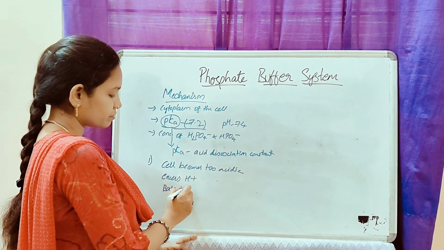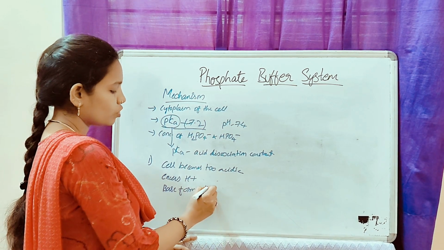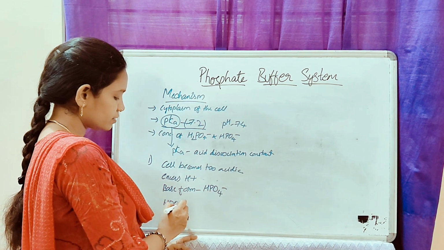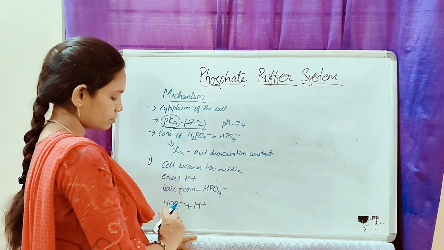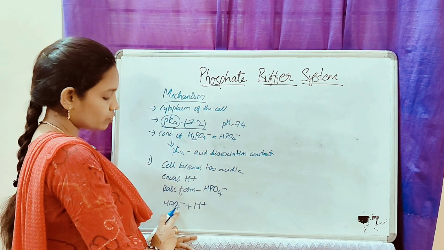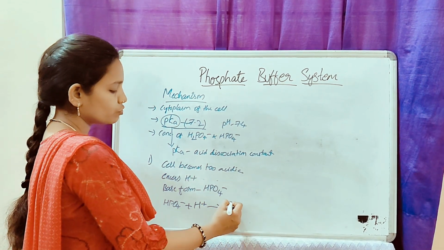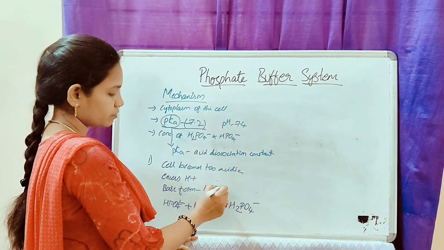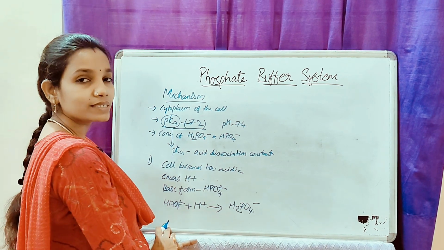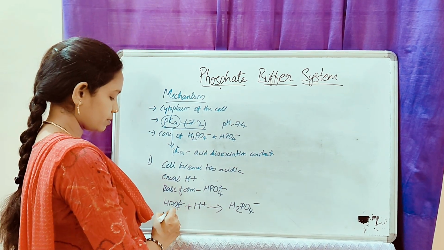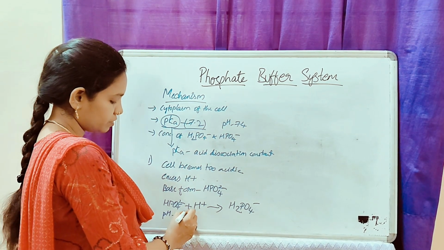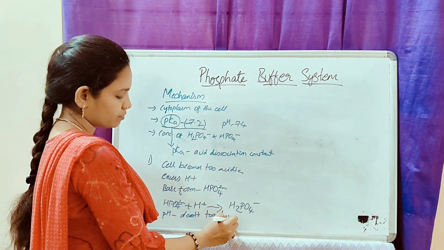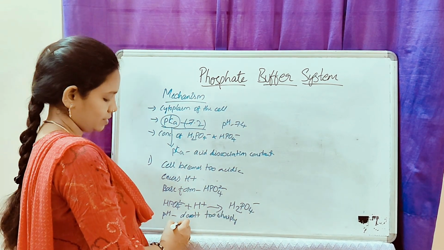What is the base form here? Monohydrogen phosphate. Now, this base form will neutralize excess H plus ions. Monohydrogen phosphate combines with protons to form dihydrogen phosphate. So what will be the result here? The pH does not drop too sharply, keeping the cell stable.